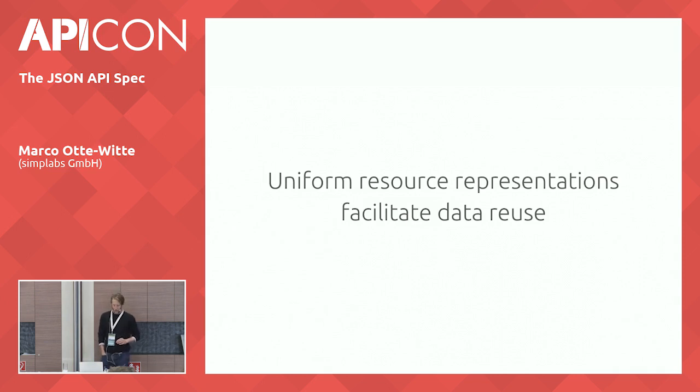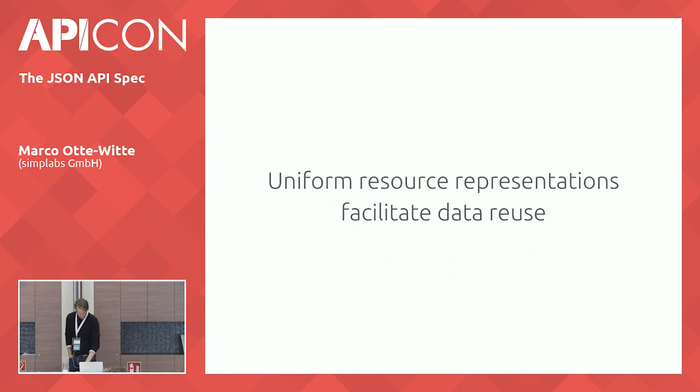What I mean with that is that if resources that you receive from your API are always guaranteed to be complete and always have the same shape, then that makes reusing those resources in the client or in the system that receives those resources much easier. Unless you use sparse field sets, in which case that is actually not really possible anymore, or much harder.